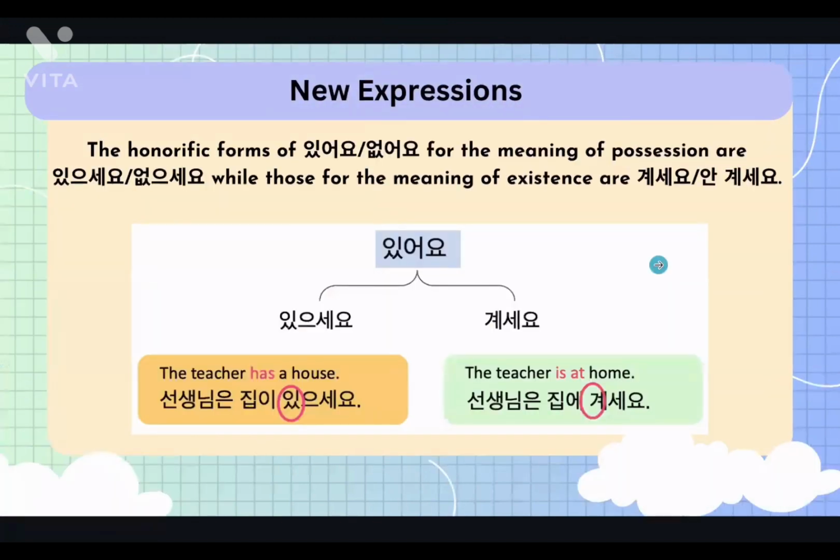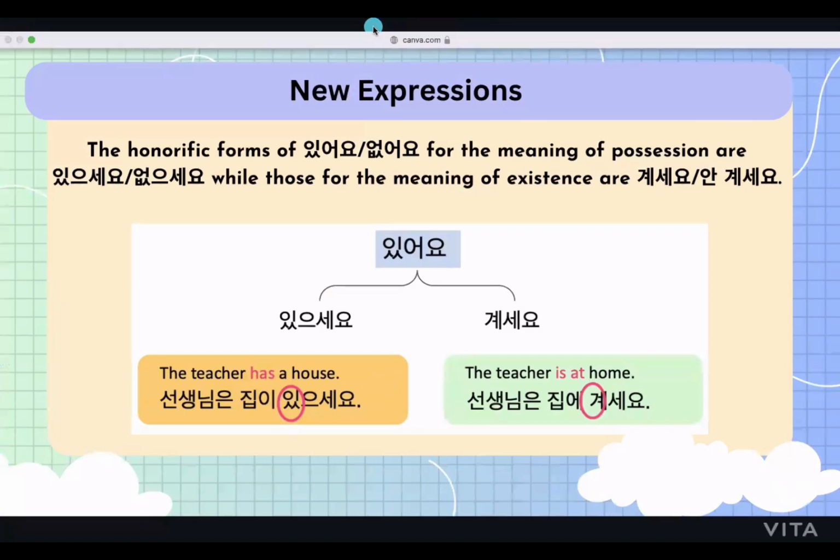자, look at this form. The honorific forms of 있어요 or 없어요 for the meaning of possession are 있으세요 or 없으세요, while those for the meaning of existence are 계세요 or 안 계세요. So 있어요 has 2 types, 그쵸? What are the two types of meaning? One is possession.